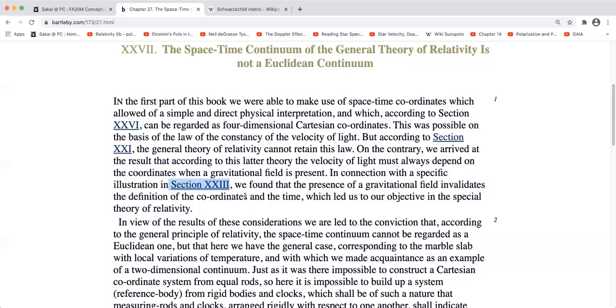Before the gravitational field was turned on, all the clocks ran at the same rate. But once the gravitational field was turned on, and we said that it's stronger at the periphery of the disk, the clocks run slower where gravity is stronger, and the clocks run faster where gravity is weaker.